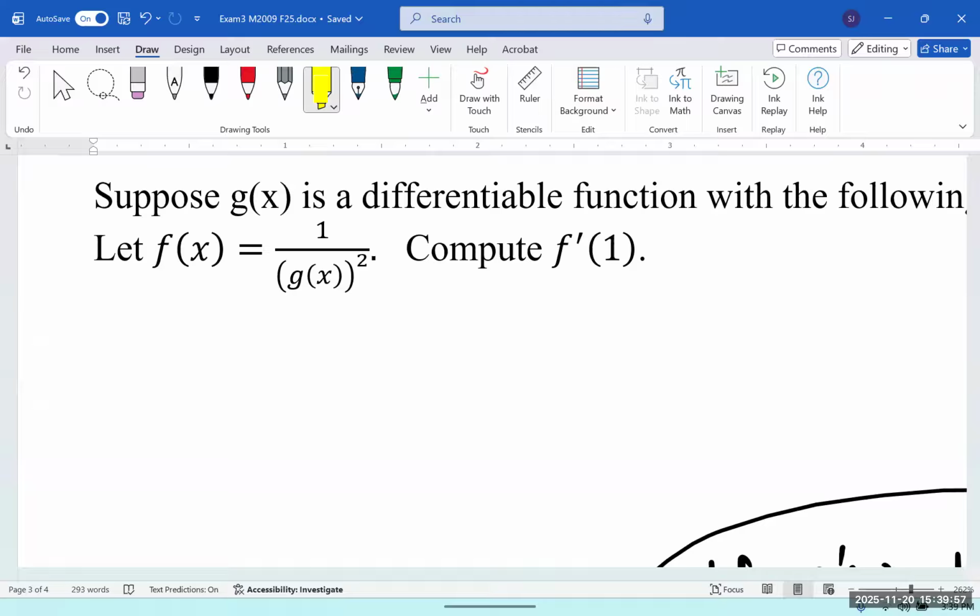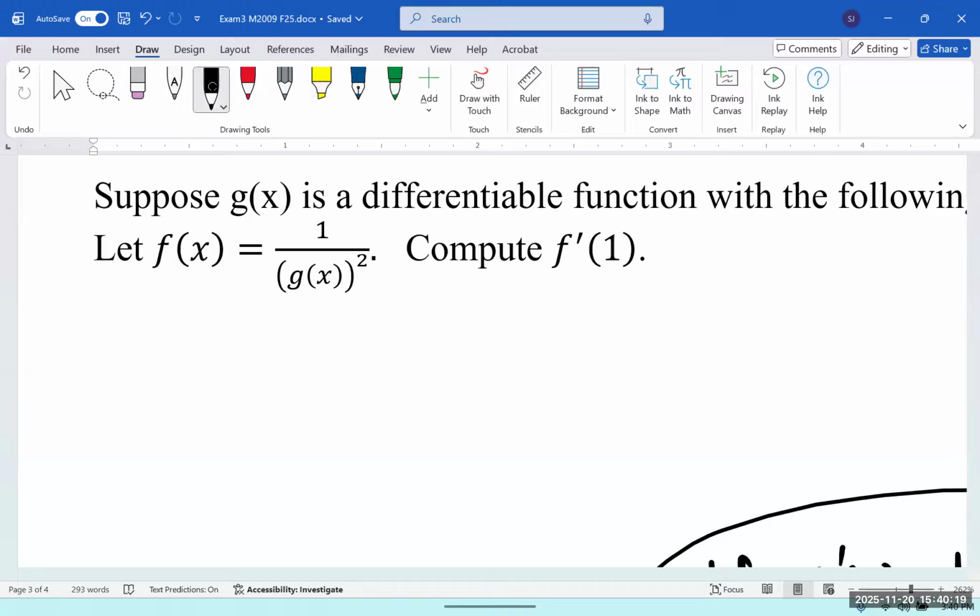Some people started with chain rule, but they forgot to multiply by the derivative of the inside. Some people started with quotient rule, and then they forgot that 0 times anything is 0. In my opinion, it's easier with chain rule if you know your chain rule.